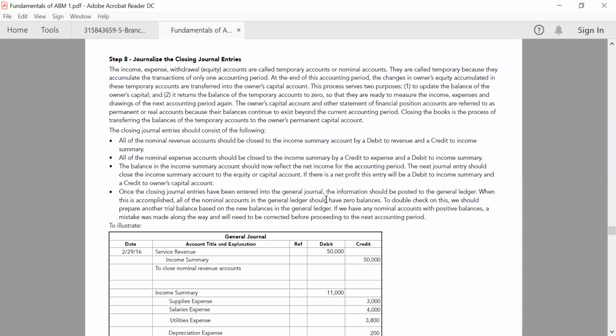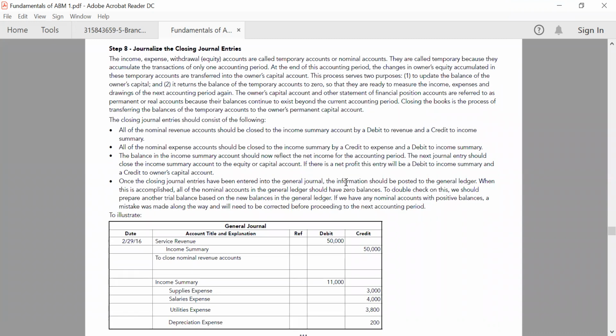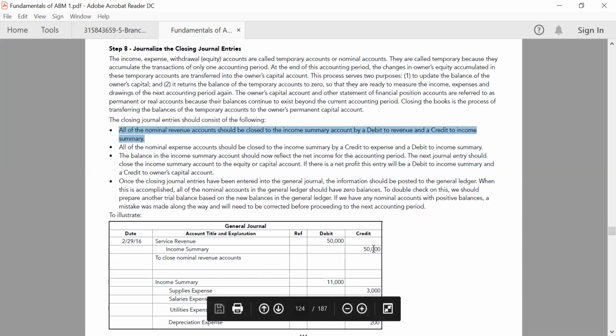Then we journalize the closing journal entries. The income, expense, and withdrawal accounts are considered temporary or nominal accounts, to be closed at the end of the accounting period. How do we do the closing? So here are the suggestions. All of the nominal or revenue accounts shall be closed to the income summary account.